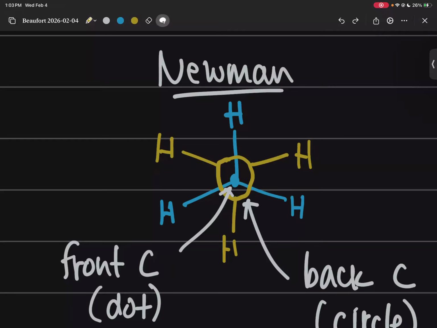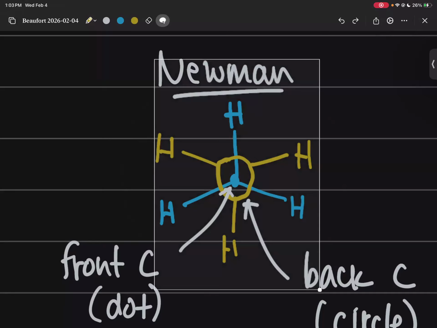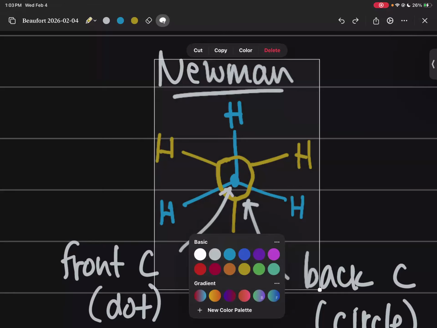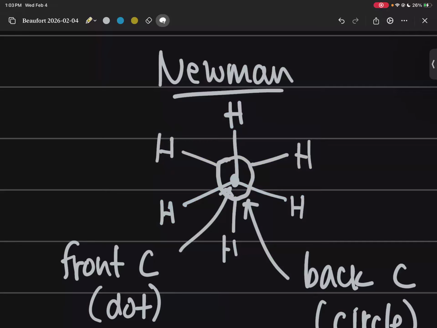But if I do that, all of a sudden it becomes really important that you don't draw those lines inside the circle.